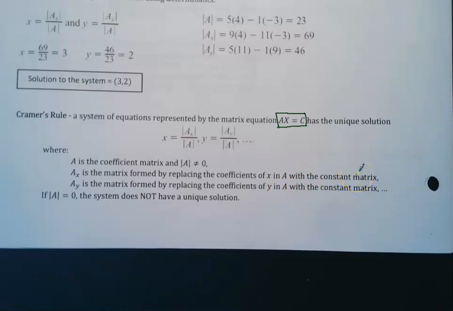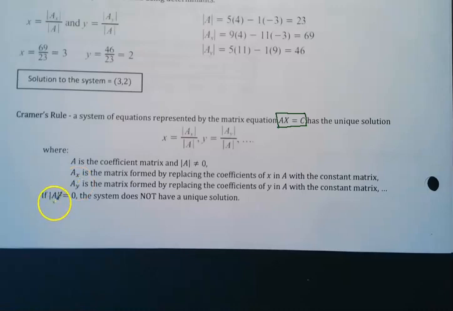We just talked about that up above. A sub y is the matrix formed by replacing the coefficients of y in matrix A with the constant matrix, and so on, if you have an x, a y, and a z in there.